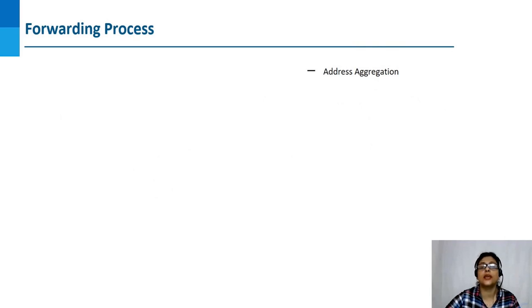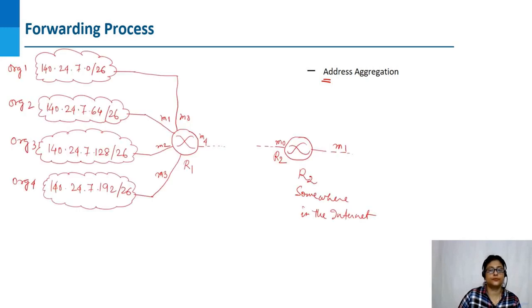Address aggregation is a process by which the longest routing table is reduced. Let us see it with the help of this example. There are 4 organizations, organization 1, 2, 3, 4, having certain addresses, and these are connected to router R1 through interfaces M0, M1, M2 and M3.